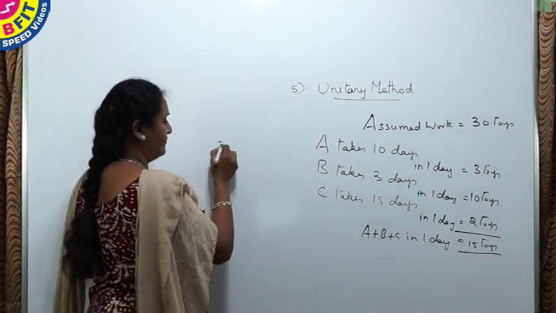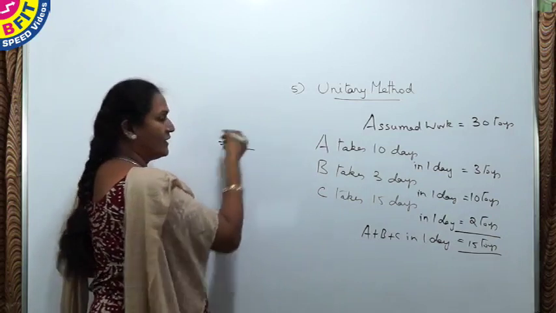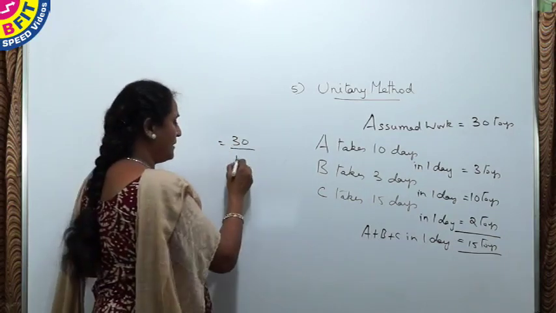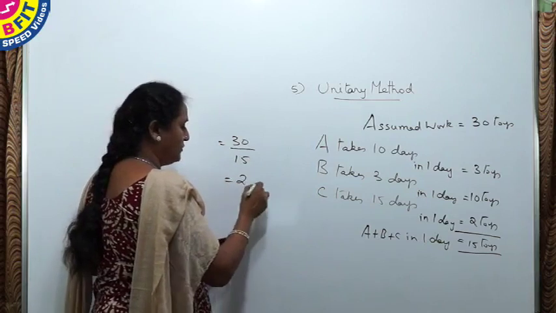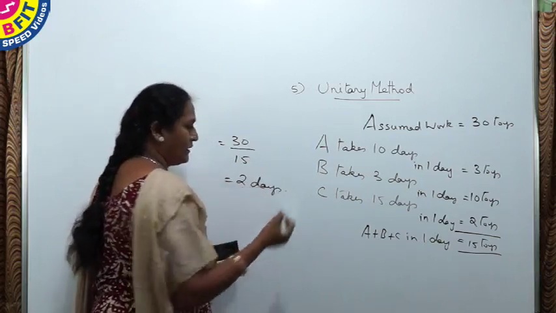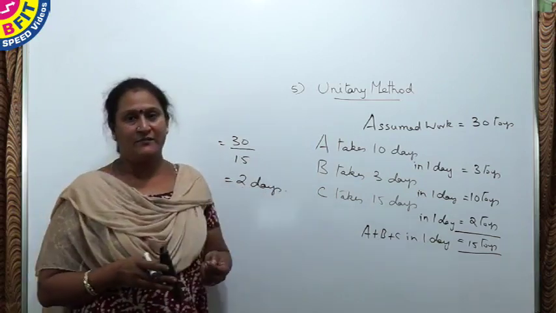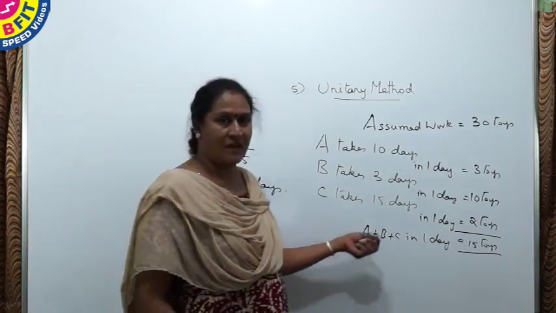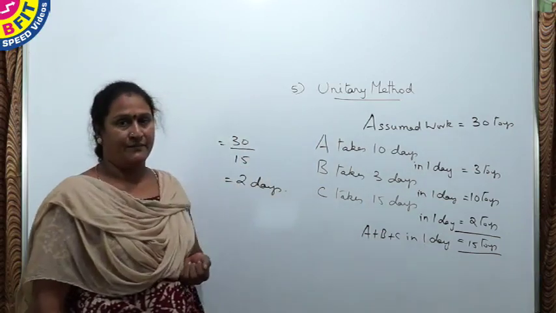So total work is 30 toys, and all three can make 15 toys per day. So in 2 days, all the three can complete this work. So time taken by A, B and C is 2 days.